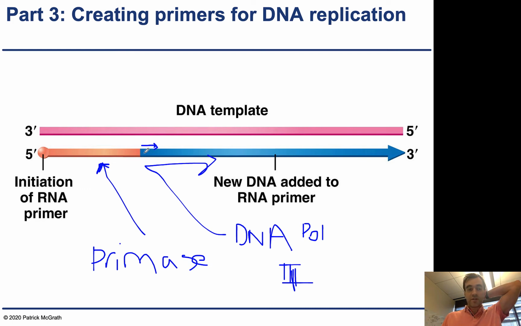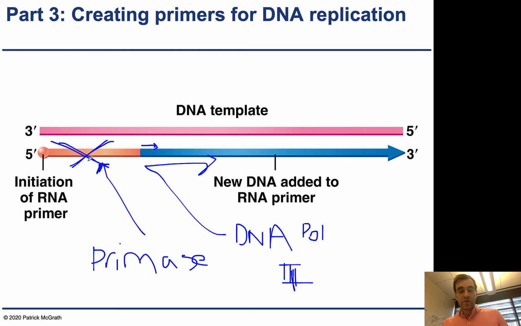origin to the terminus. And so an issue that now has to be overcome is that this RNA primer has, we don't want to end up with something that's a hybrid, a chimera of RNA and DNA. And so the next step that we're going to cover is we need to actually remove this RNA.